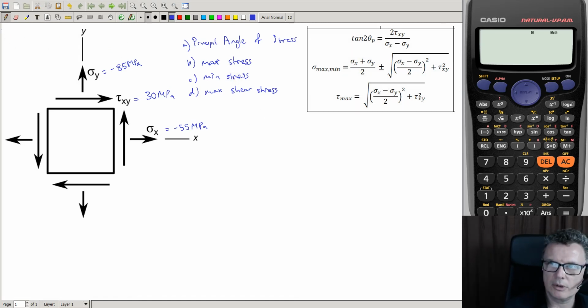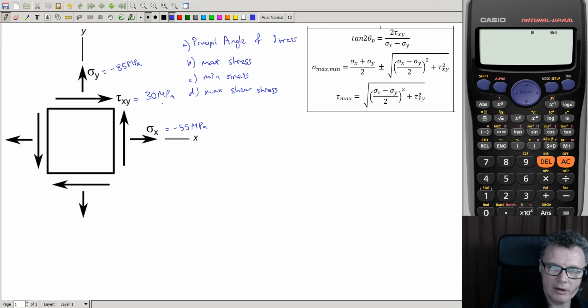So, principal angle of stress. Well, first of all, what is that? It's the angle where if I rotate my x-axis, assuming that x was actually the maximum amount of stress, which it's not in this case, it would be the angle that I rotate my axis such that I get the maximum amount of stress pointing off at that angle.